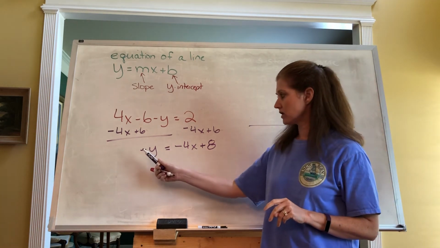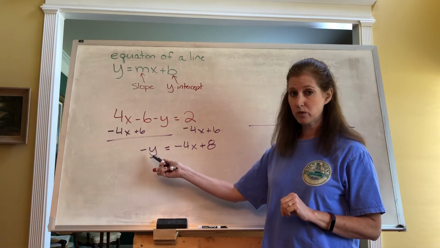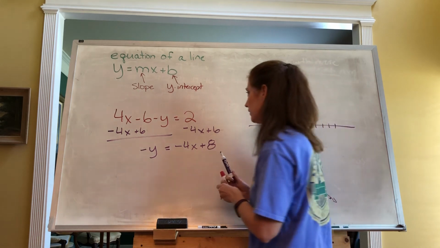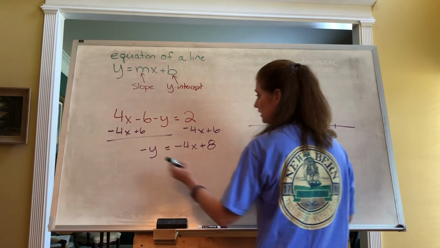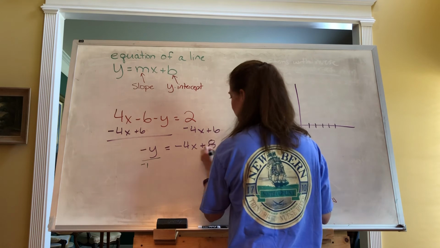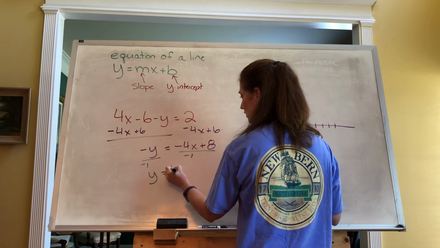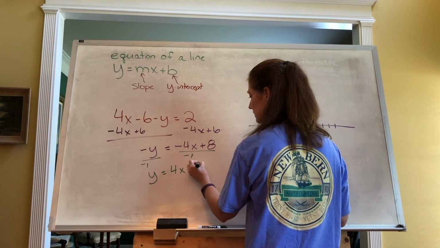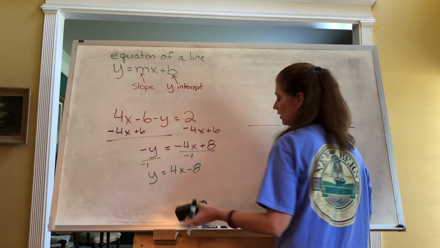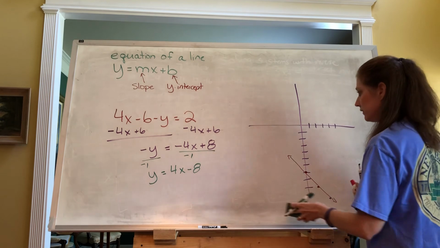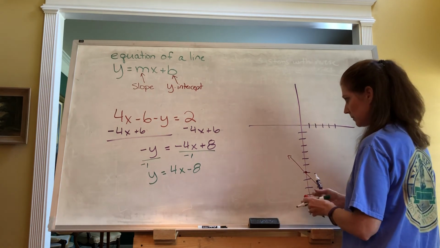Again, like that last one, it left us with negative y, we want positive y. So we're going to divide everything by negative 1. And I have y equals 4x minus 8. All right, so now again we can graph this line. We'll just go ahead and do it the same.